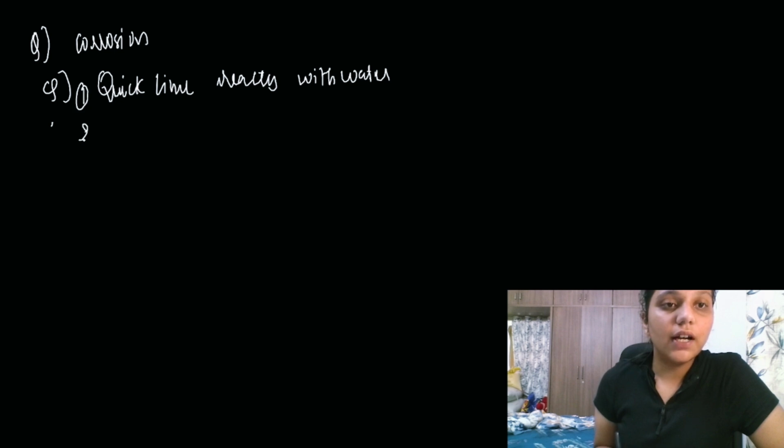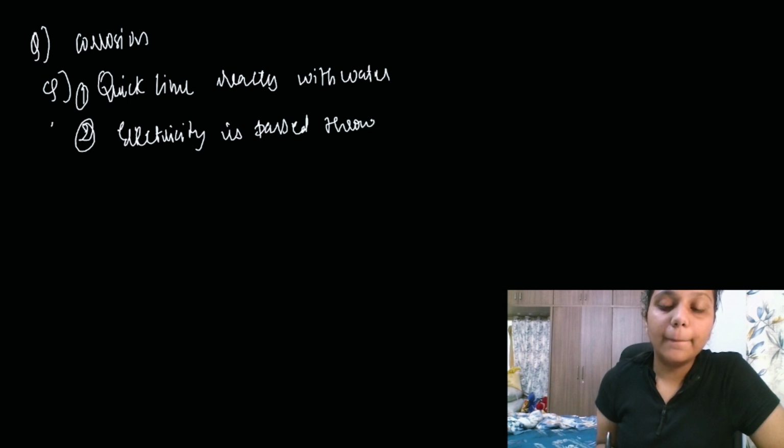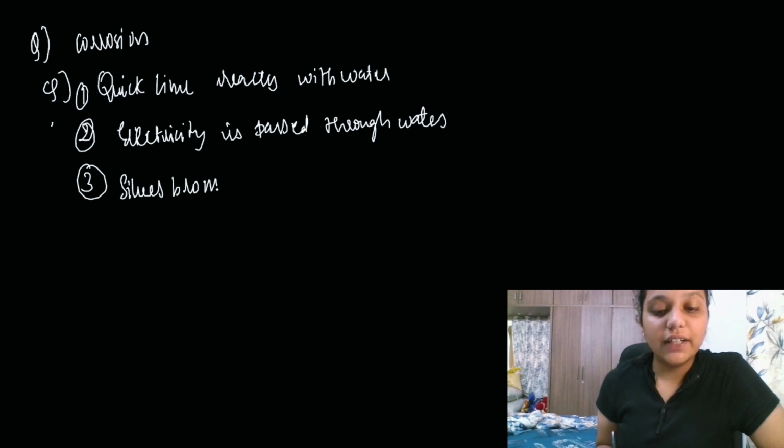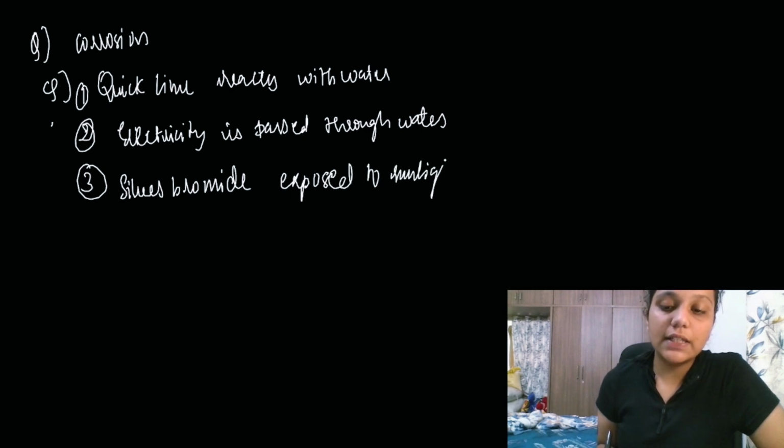Second, they can ask, electricity is passed through water, what will be the reaction? H2O will break into H2 plus O2. And the third is silver bromide, photolysis or decomposition, that we can write, and we need to know how to identify that also. So far, what we have learned is this much.